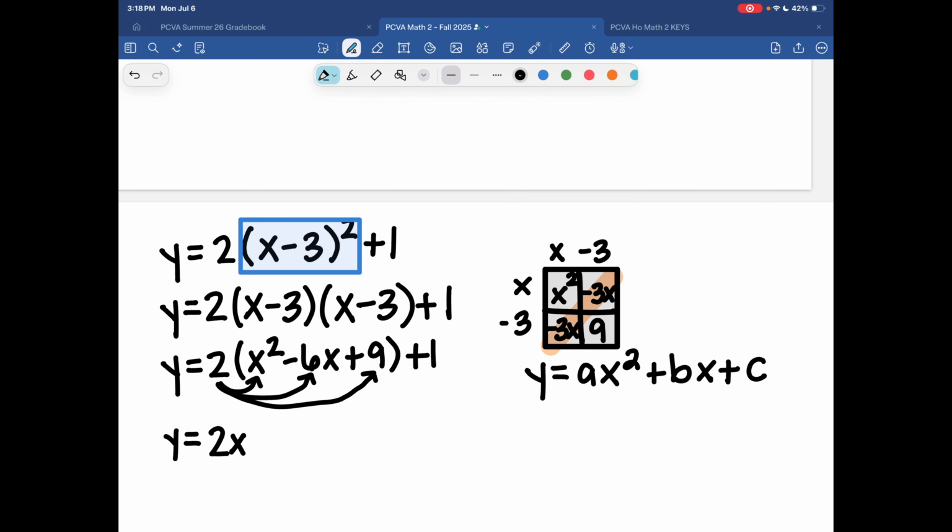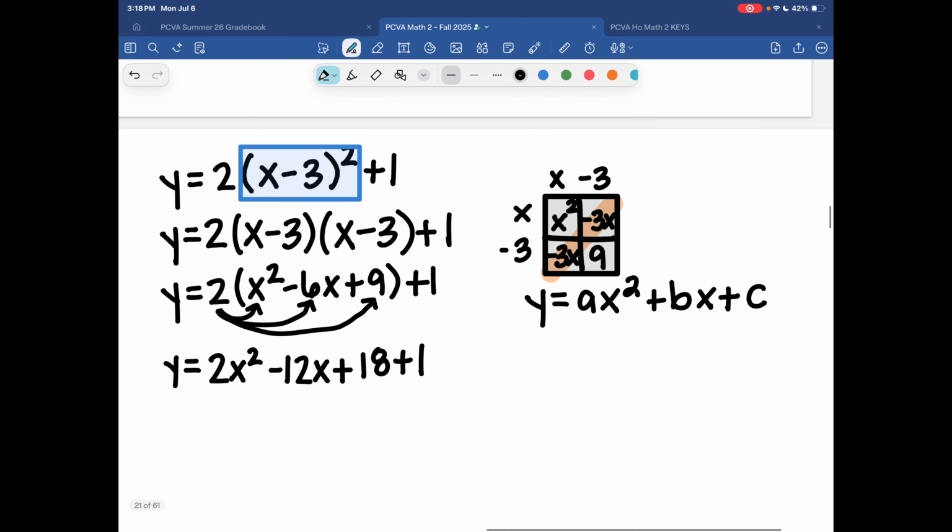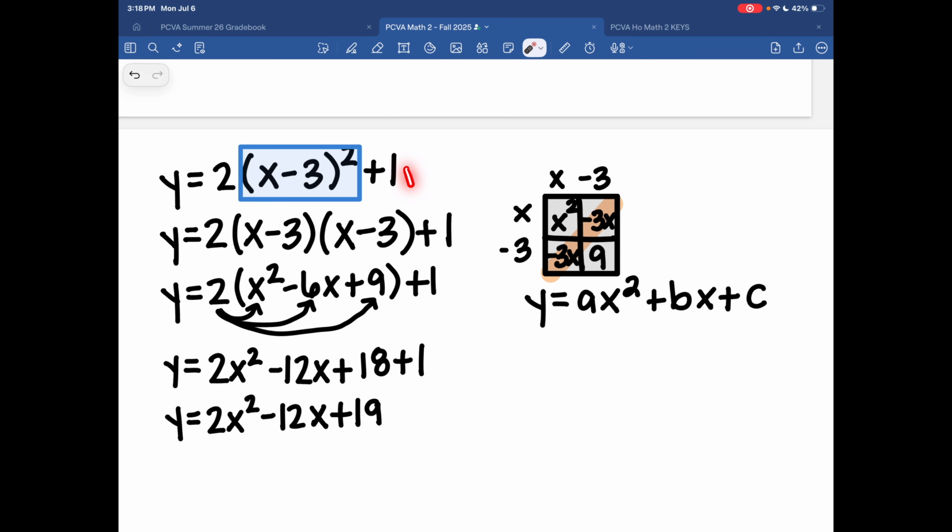So that's going to be 2x squared minus 12x, and we're going to do plus 18 plus 1. So essentially, once everything is combined together, I have y equals 2x squared minus 12x plus 19. So what I'm trying to show you is that this vertex form, once it's multiplied out or expanded out, gives me that standard form that we're used to.